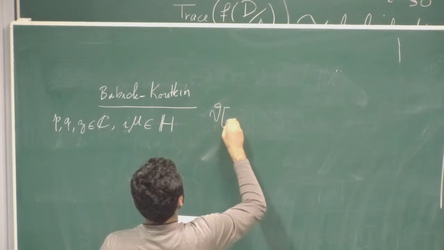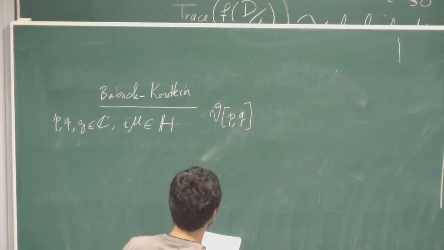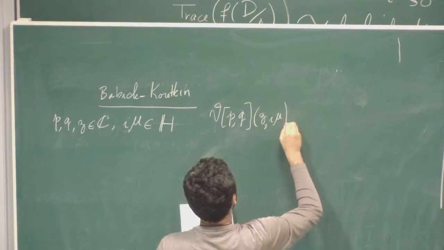So I need to introduce these theta functions with characteristics, which are essentially some modifications of the Jacobi theta function.